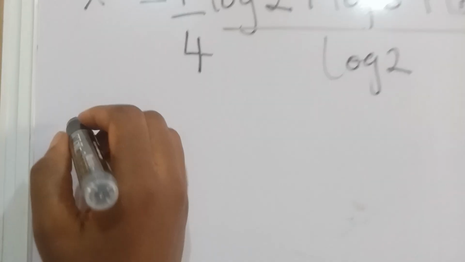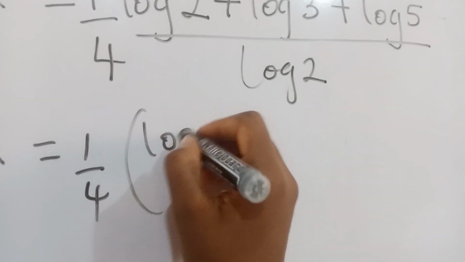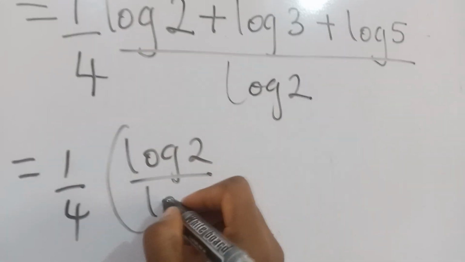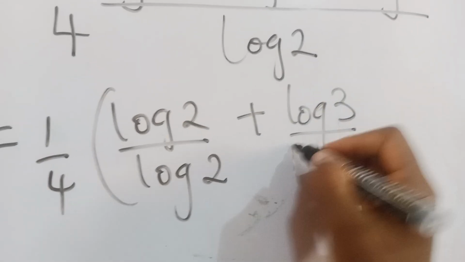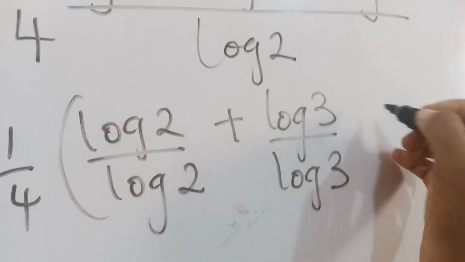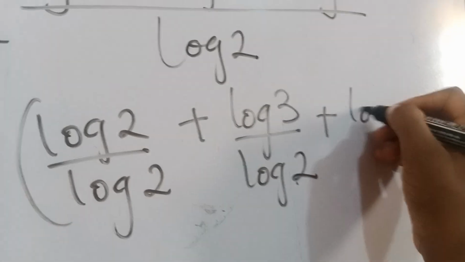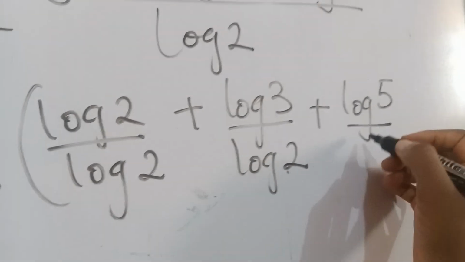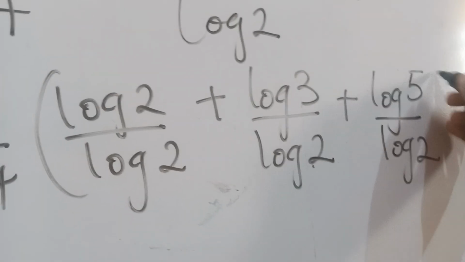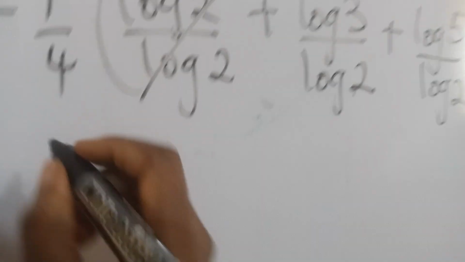We can then simplify further: log 2 divided by log 2, plus log 3 divided by log 2, plus log 5 divided by log 2. So the first term gives us 1.